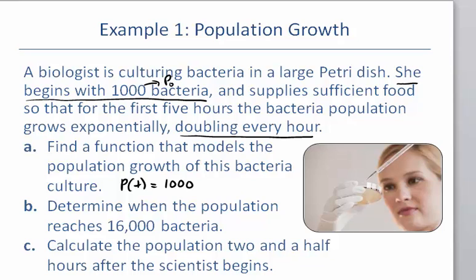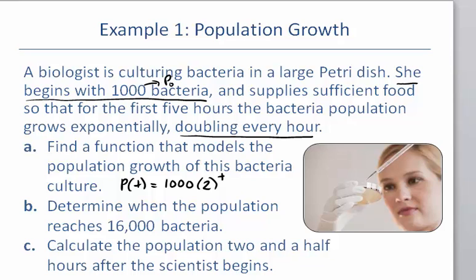So we can go ahead and plug that in. We know that the A value is 2, and it's raised to the t power. And so now we have a function that will give us population at any given time.